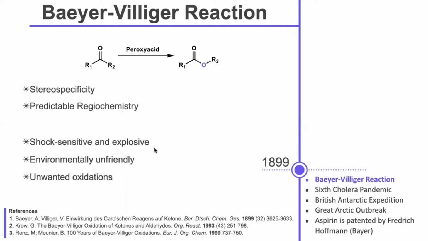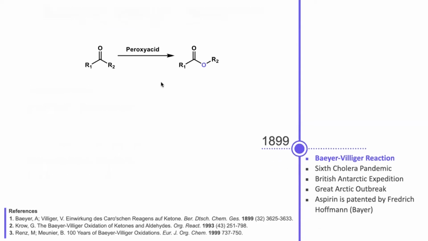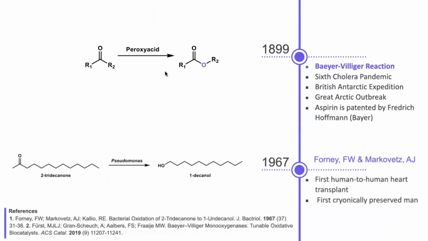To overcome these problems, we have to jump to 1967, when Forney and Markowitz were studying the degradation pathway of 2-decanone in Pseudomonas strains. They observed that the major degradation product in the cultivation broth after culture enrichment was 1-decanol.